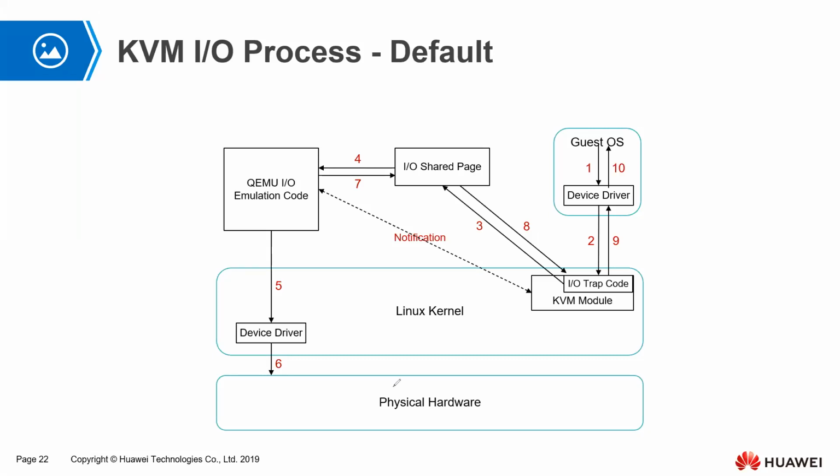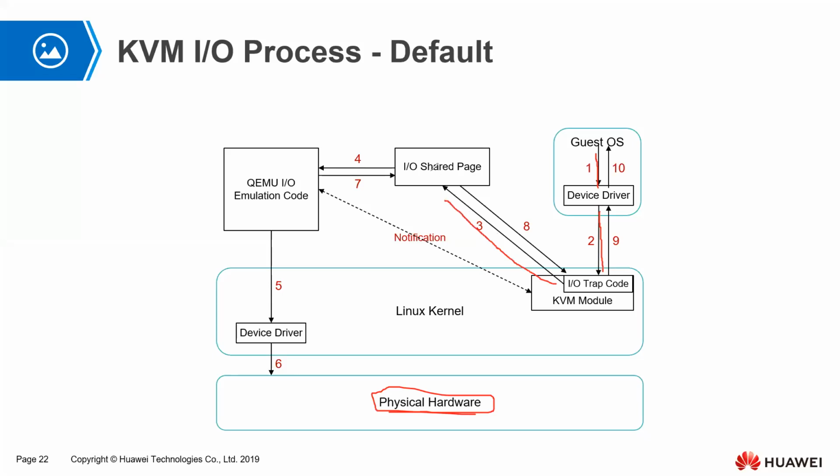What happens when a user sends in a request or an instruction is that it goes to the device driver, which now uses the input and output trap code within the KVM module, which will now go to the shared page.